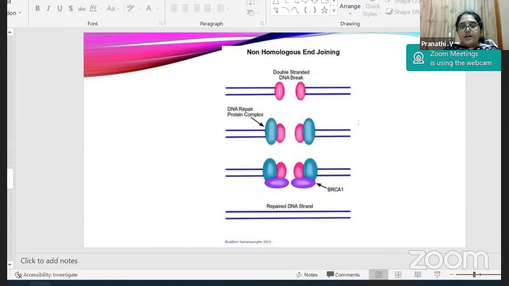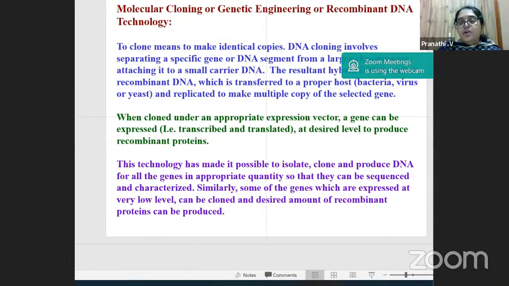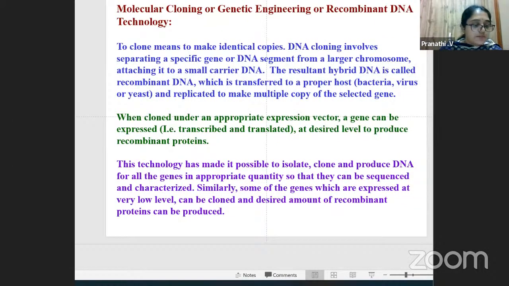Then we are going to see the molecular scalpels, that is the endonucleases, and the techniques in the analysis of DNA, that is the RFLP analysis. Then we are also going to see blotting and the vectors which are used for cloning basically. To clone is to make identical copies of the gene basically.